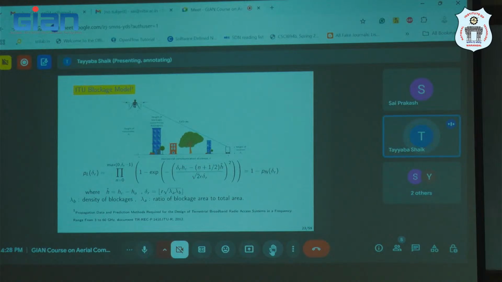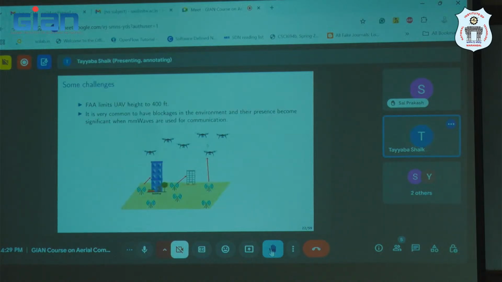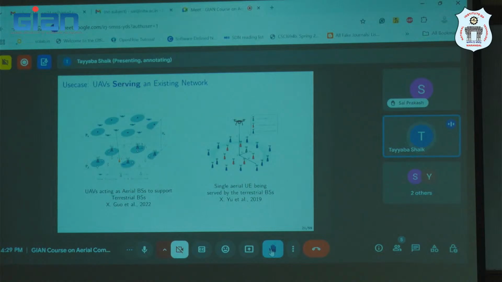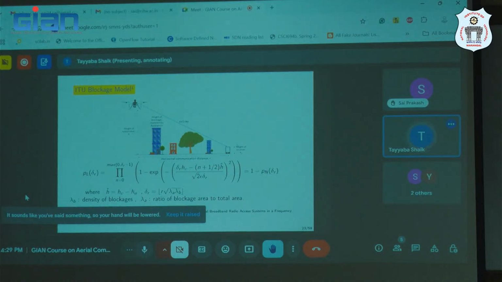And this is a mathematically more involved model, which leads to some intractability when you try to use it in the math. So one simple model people have been using is this ball model. Professor Sai Prakash has a question. Epsilon you have used, is it the environment? Epsilon is the average building height, sorry, I forgot to mention it here.